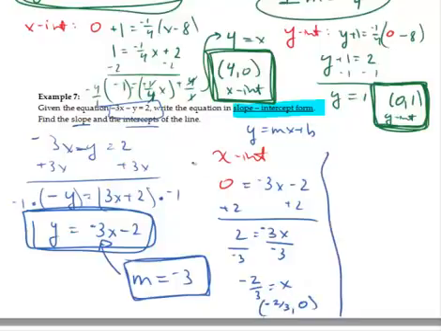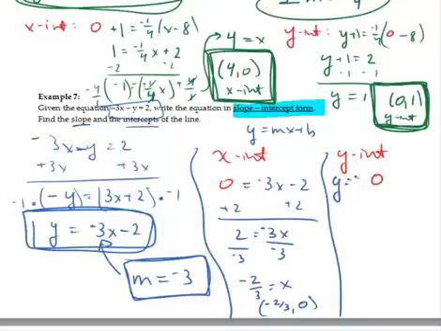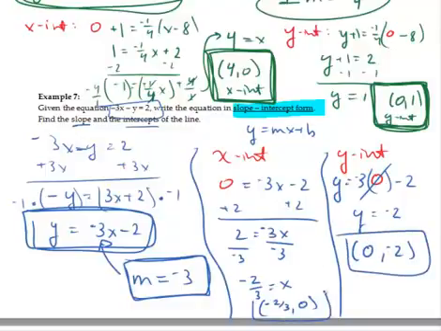That's the x-intercept. And then for the y-intercept, this goes away to 0. y equals negative 2. So we get (0, negative 2). And again, negative 2 we could have seen from right here. This is your y-intercept there.